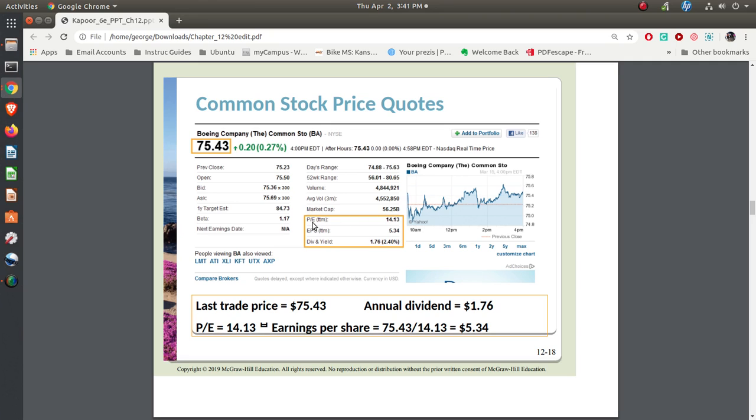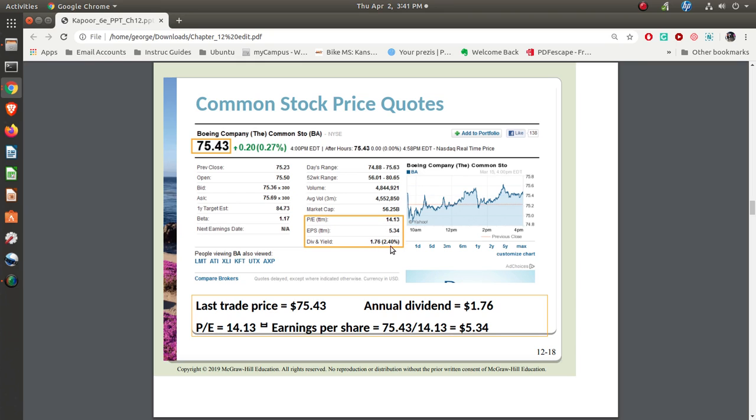Then you have what's called the price to earnings ratio. In this case, it's 14.13. What you're doing is taking the price that's currently there and dividing that by the earnings per share, and that gives you the price earnings ratio. The earnings per share is 5.34.